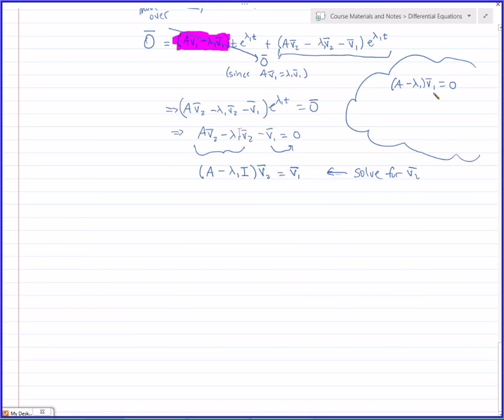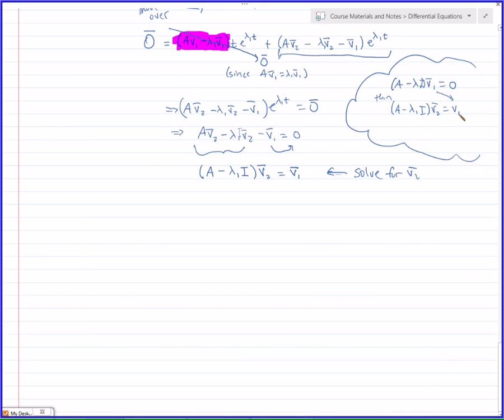That's what the computer is doing when it finds an eigenvector. Then you do (A minus lambda 1 I) times v2 equal to v1. You just put in your solution on the right-hand side and then solve the new system.